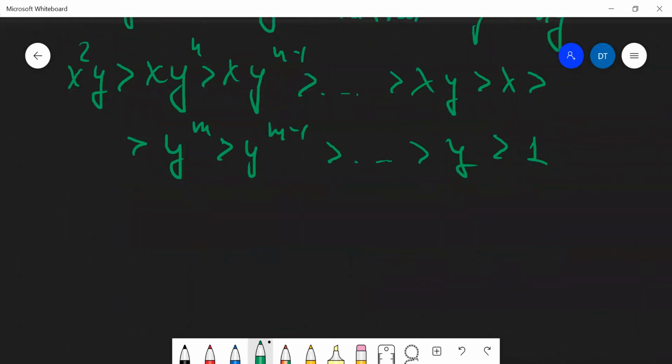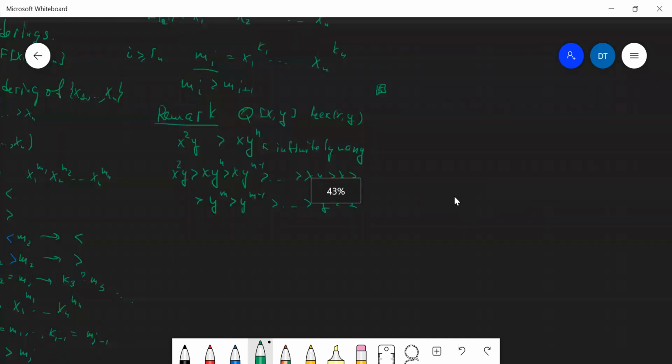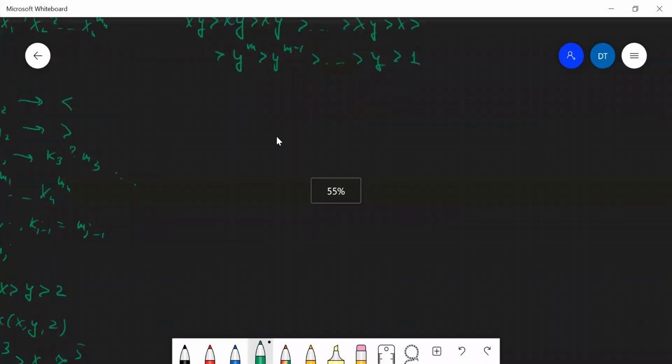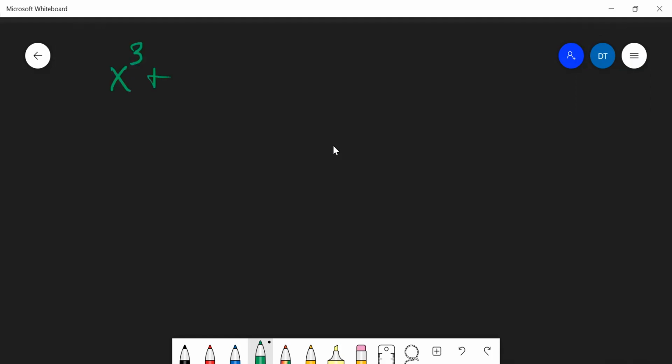Okay, so now we're ready to discuss the reduction. By the way, before discussing the reduction, let me recall the way we divide polynomials in one variable. So if we are given a polynomial, say x cubed plus x, and we want to divide it by x squared plus x, what do we do? We order all the monomials here in decreasing order.